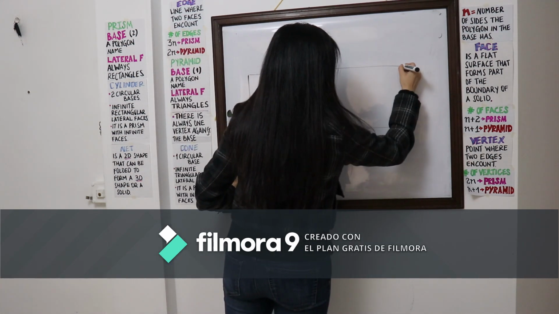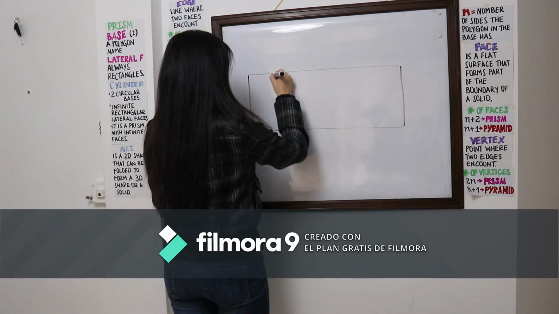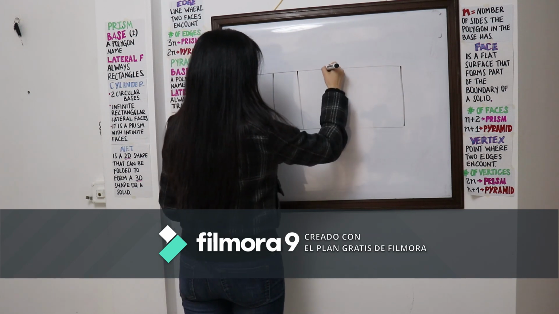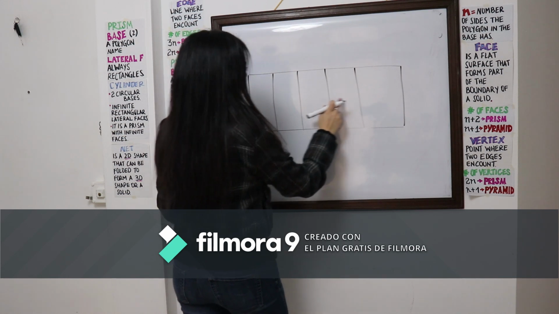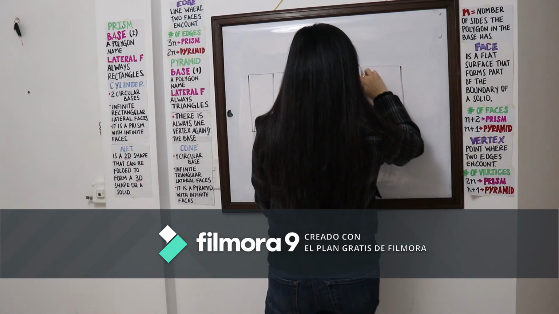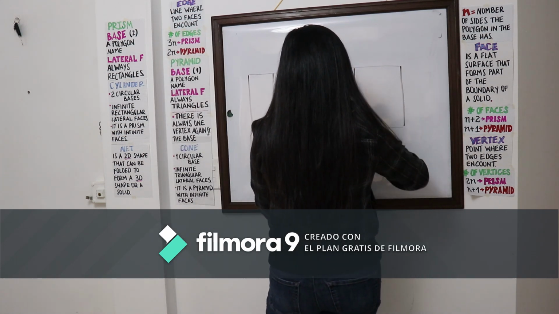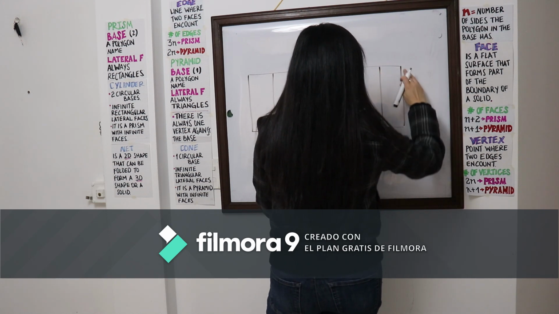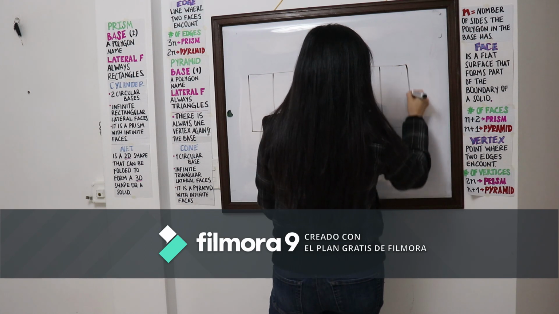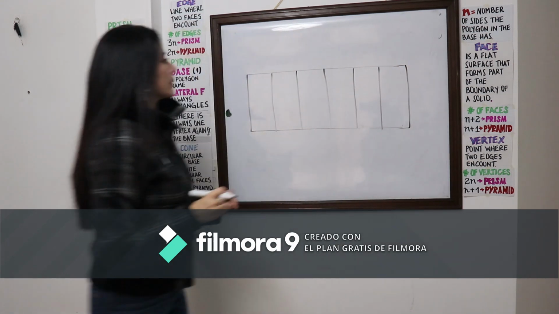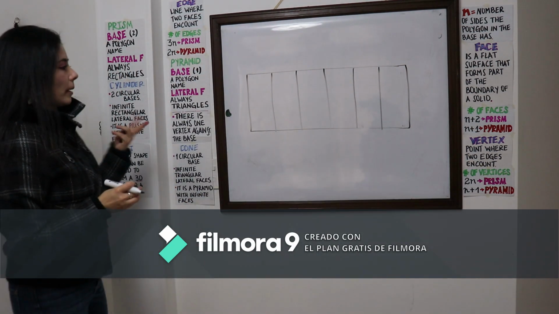So I'm just going to think about a huge rectangle, and I'm going to divide it into 6 equal smaller rectangles. 1, 2, 3, 4, 5. Okay, well this is probably not like this, and this is probably going to have to be a little bit wider like this, right?